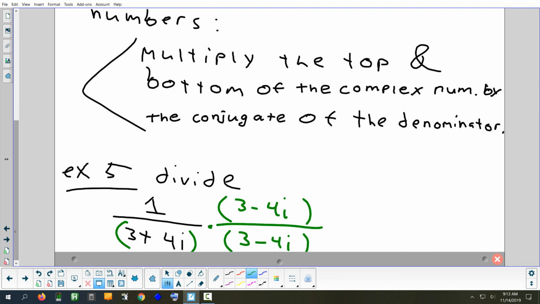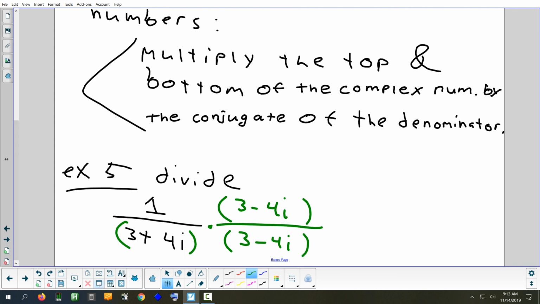Okay, now the top is really easy. We haven't even really done one this easy, but all you have to do is the simple version of the distributive property. Just take the number on the outside and multiply it to each number on the inside. Obviously, when it's 1, nothing's going to happen.